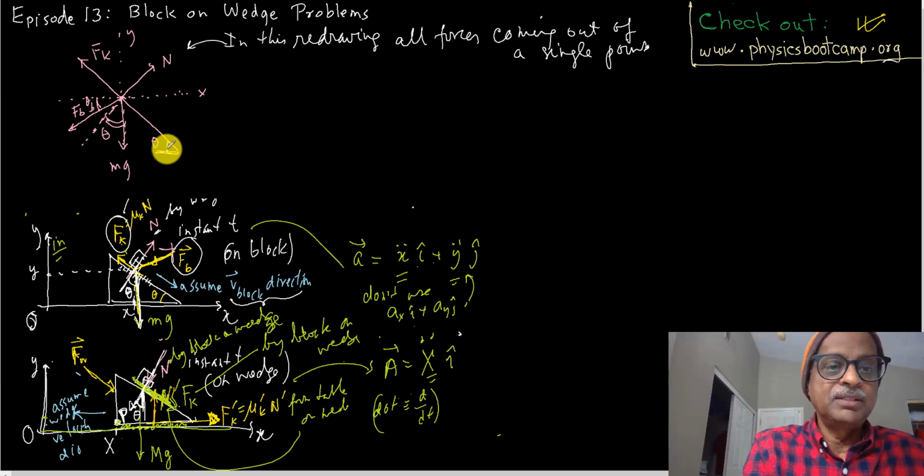You can see this angle is 90 degrees here, so this is 90 minus theta, and this is 90 degrees here. So this whole thing is the normal direction.